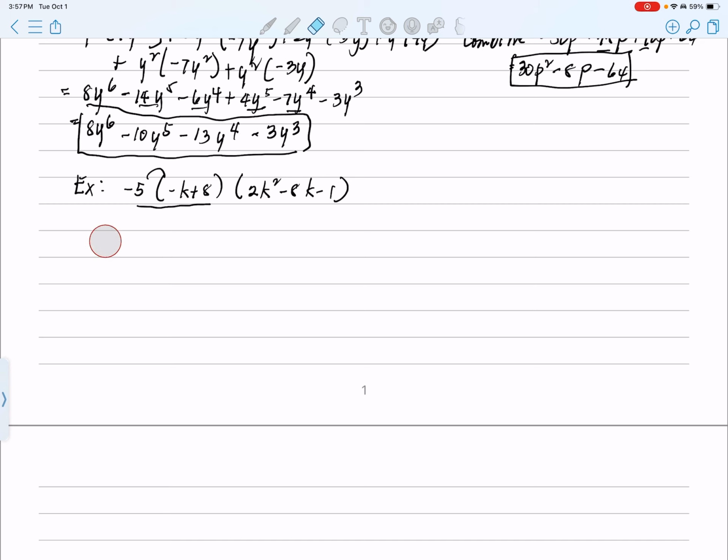That would be positive 5k. And negative 5 times 8, that is negative 40. So multiply your trinomial. Then we'll do the same process as what we did in example 3. We multiply each term.